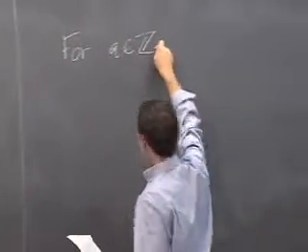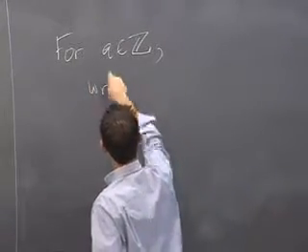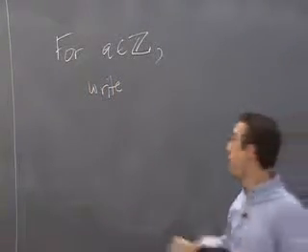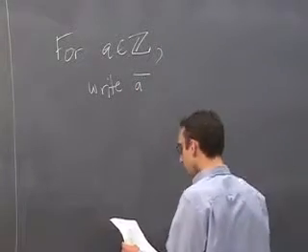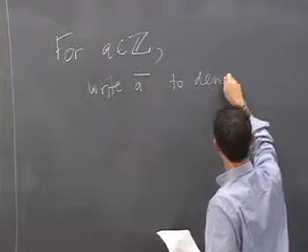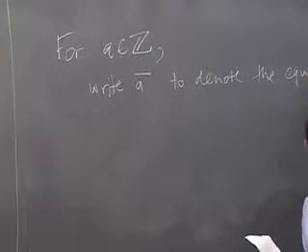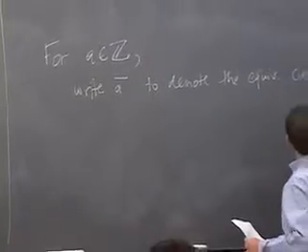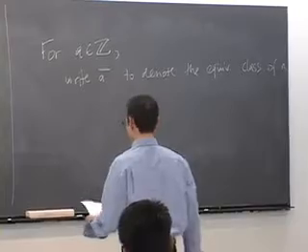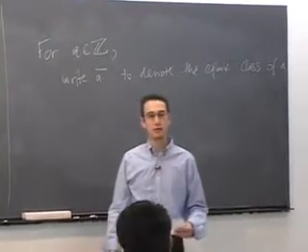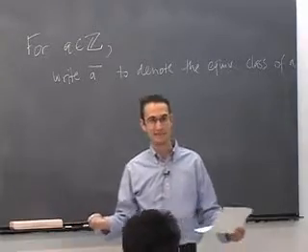So if I have an integer a, then at least for today, we're going to write a overline, a bar, to denote the equivalence class of a. And what does a bar look like? What's a way of writing a bar down, just as an explicit set?